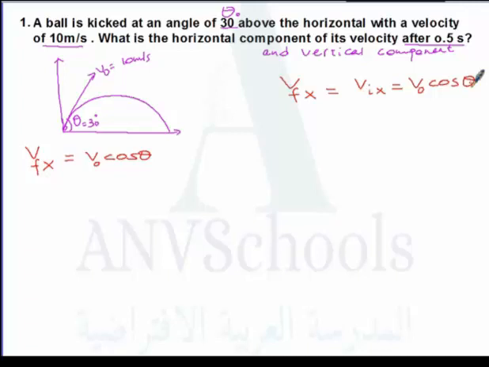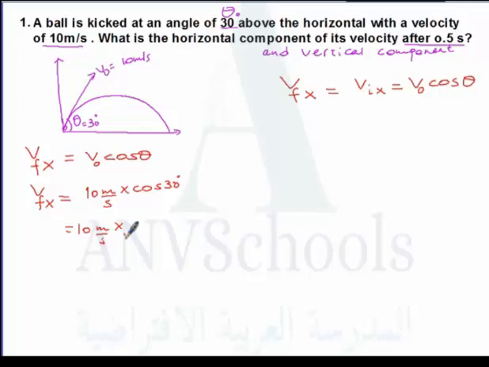So V final x is given by the initial speed, 10 meters per second, multiplied by cos 30 degrees. You can use a calculator to find cos 30.